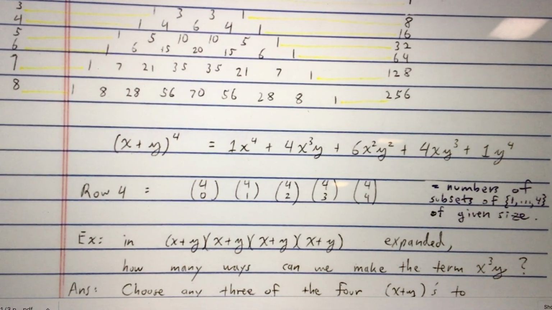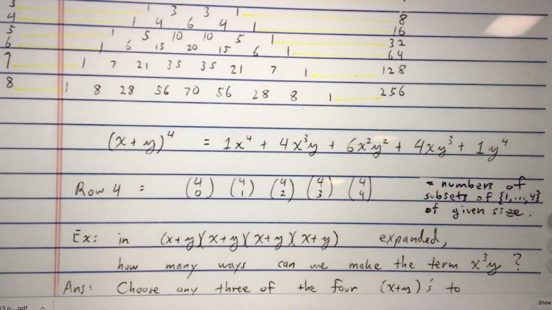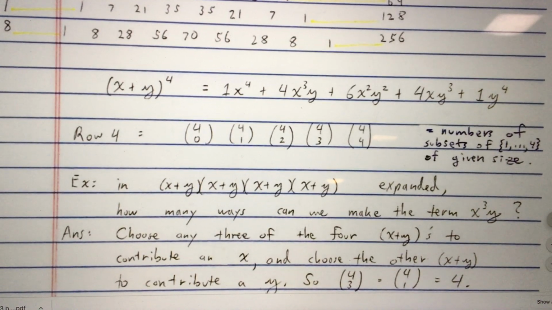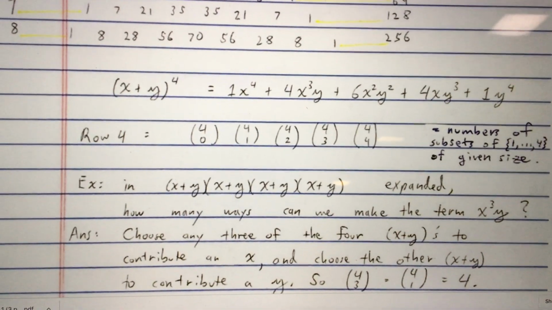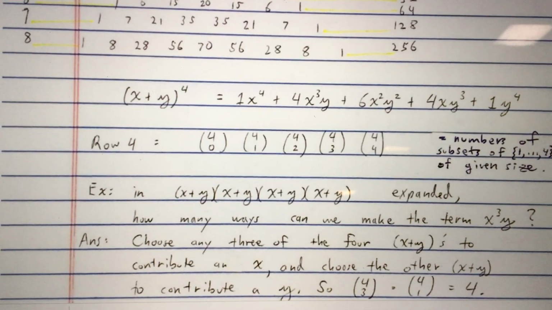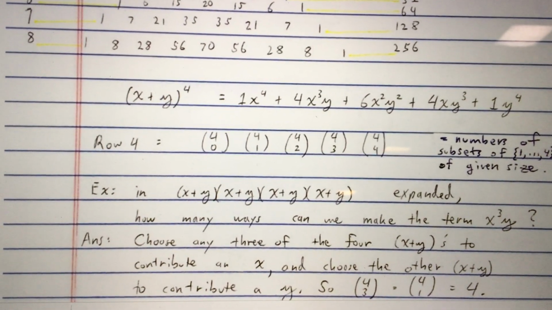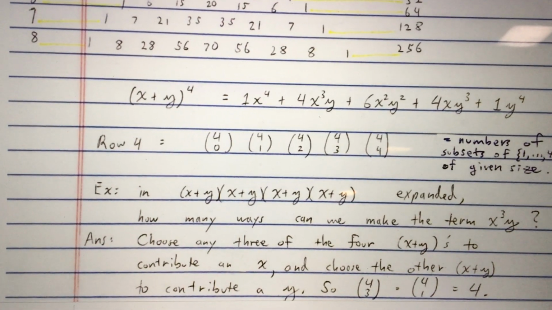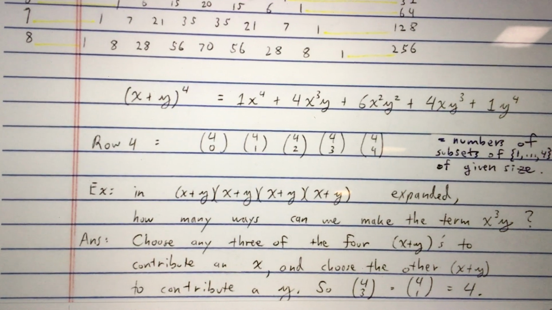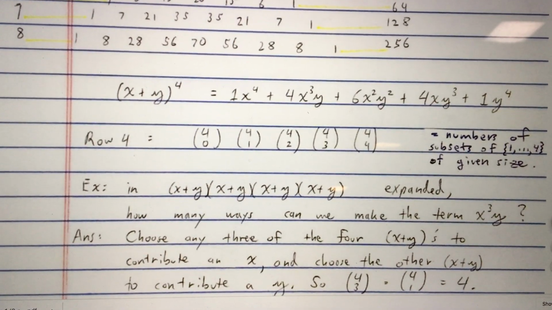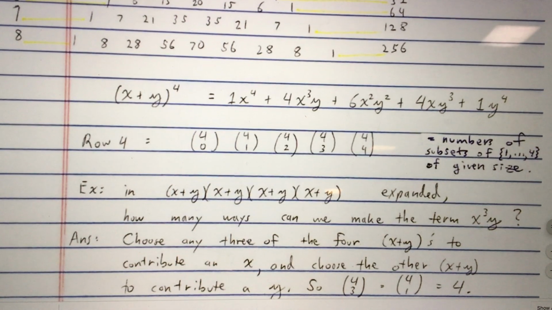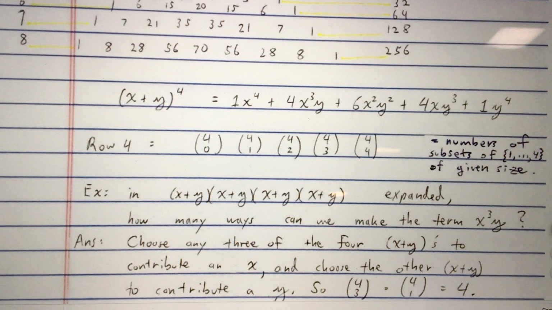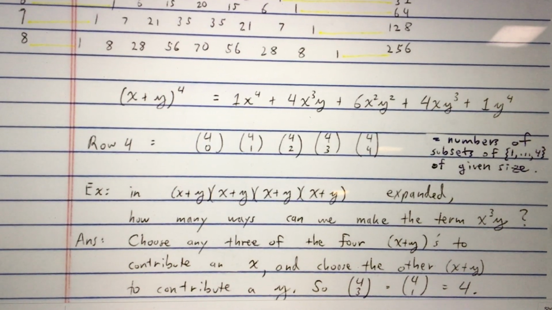So you pick 3 to contribute an x, and choose the other one to contribute the y. Because when you multiply out a series of parenthetical expressions, you have to multiply everything in each of them by every other possible term because of the distributive rules. So there are 4 choose 3 ways to get x cubed y. So if you expand it out entirely and count them up, there will be 4 of them. That's why you have the coefficient 4.